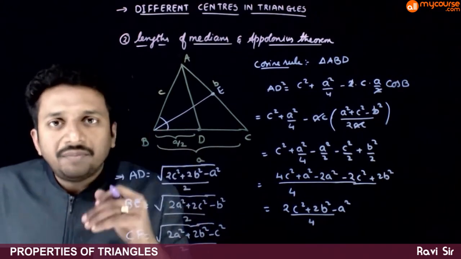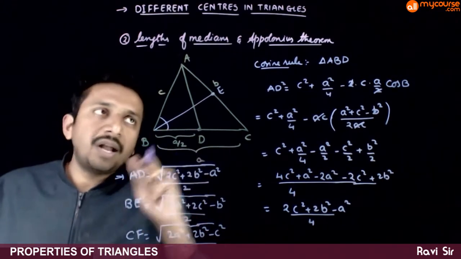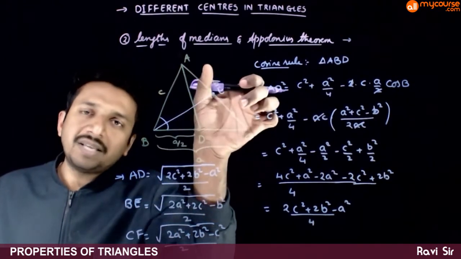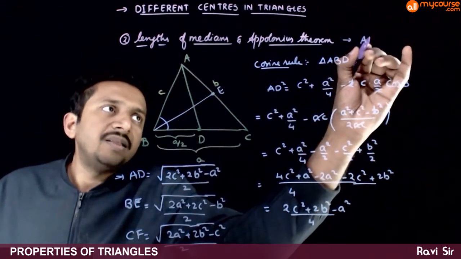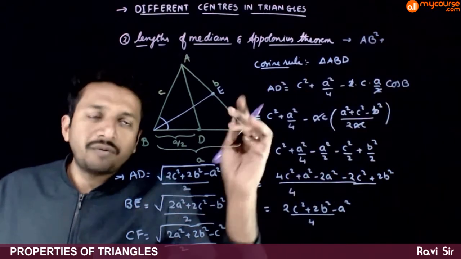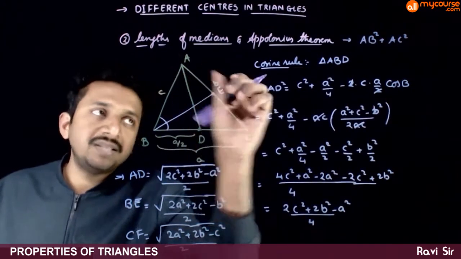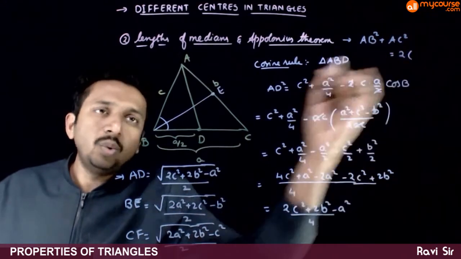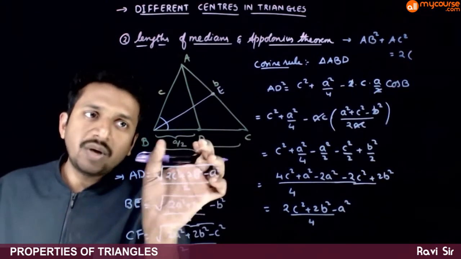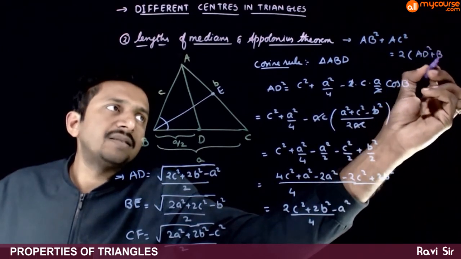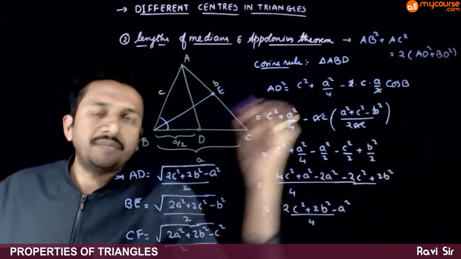Now once you have the medians of the triangle, you have something called Apollonius theorem, which says that AB square plus AC square, the sum of squares of two adjacent sides, is equal to 2 times AD square plus BD square.